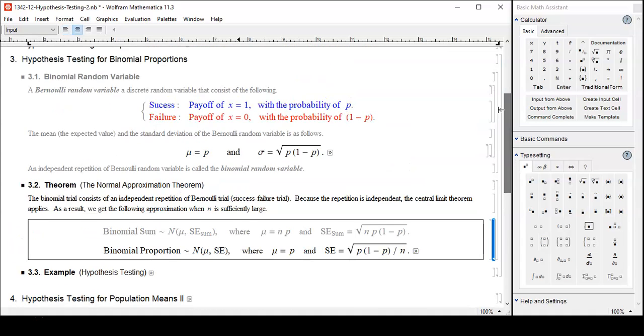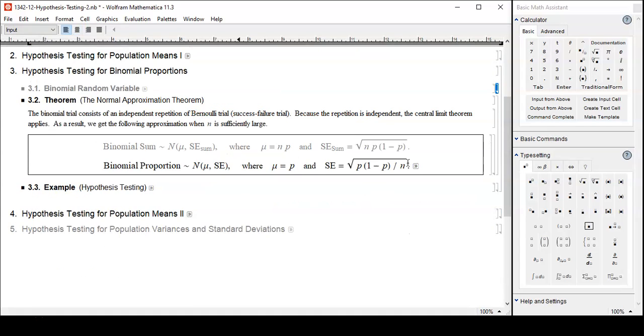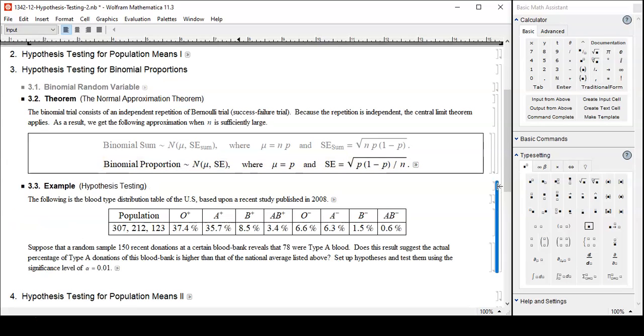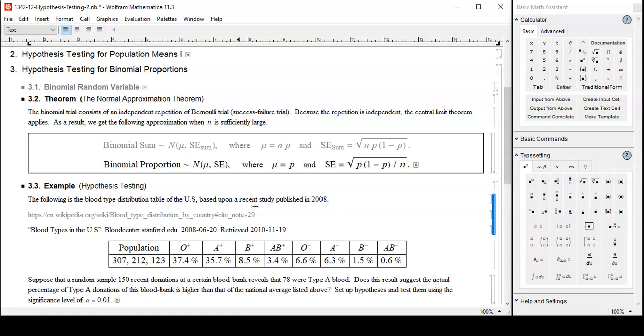Now let us do a problem that utilizes this SE formula. And here's a nice one. The following is the blood type distribution of the United States based upon a recent study published in 2008. And here is a survey.